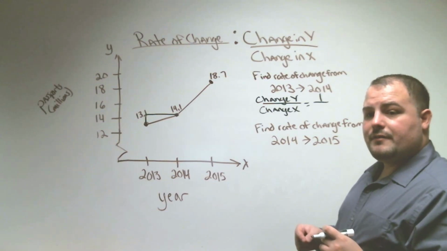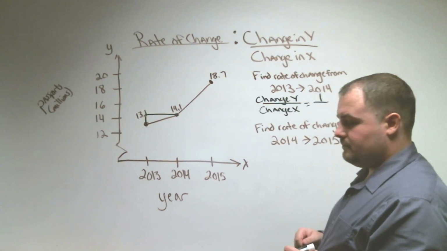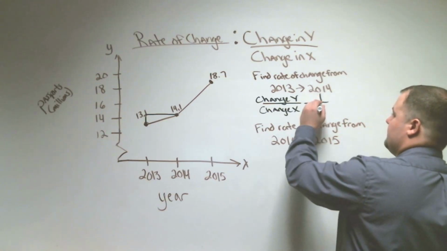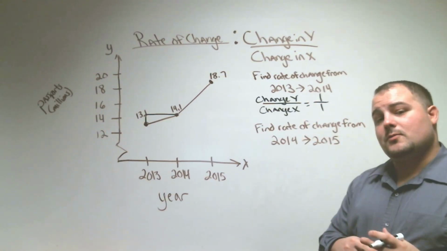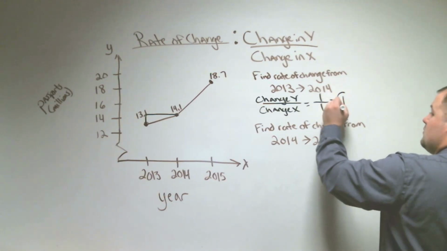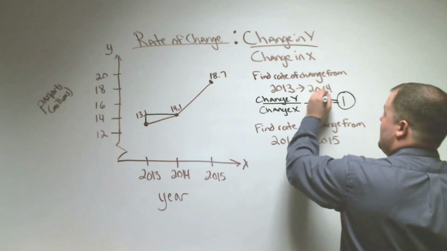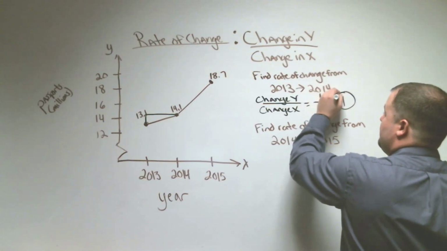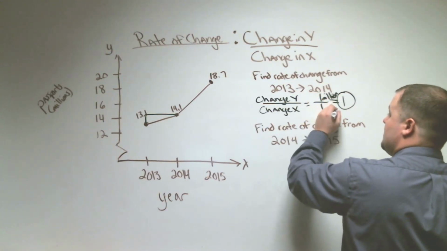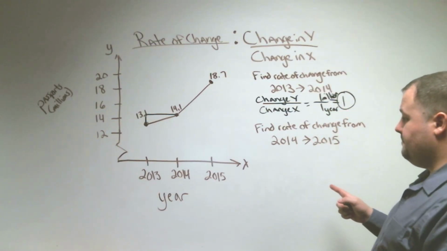So I'm going 1 year. So my rate of change in this one is 1 over 1, and 1 divided by 1 equals 1. So what that means is I grew by 1 million passports in 1 year. 1 million passports, 1 year.